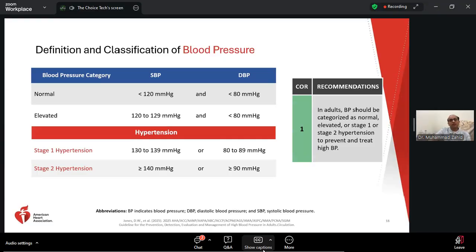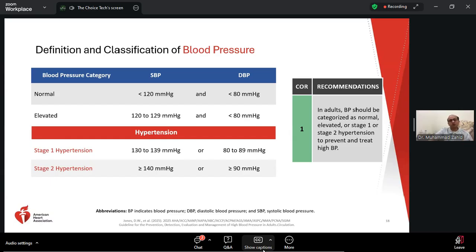So if you look at the 2025 AHA guidelines, there is a slight difference. The normal range is now less than 120/80. Between 120 to 130 systolic is elevated blood pressure. And from 130 to 140, it is stage 1.